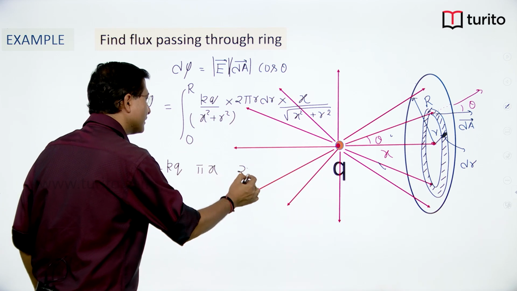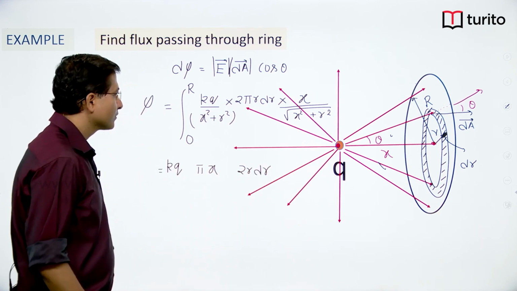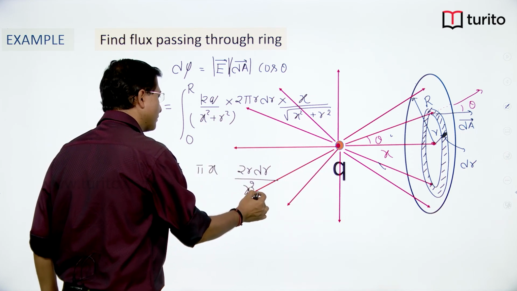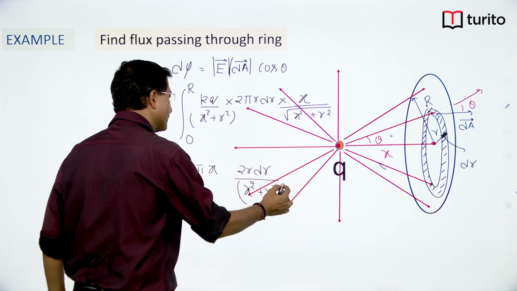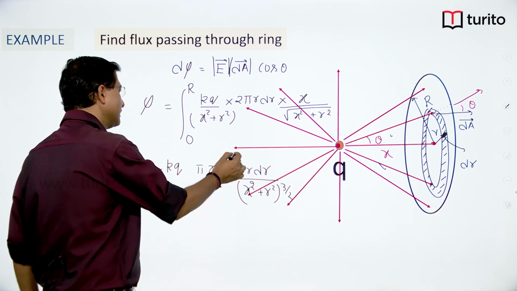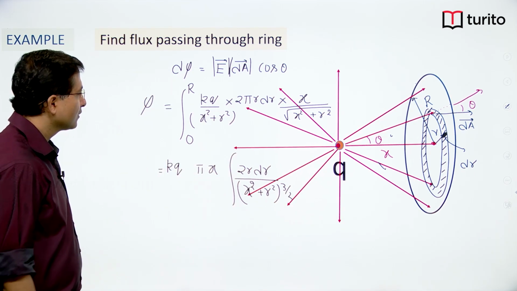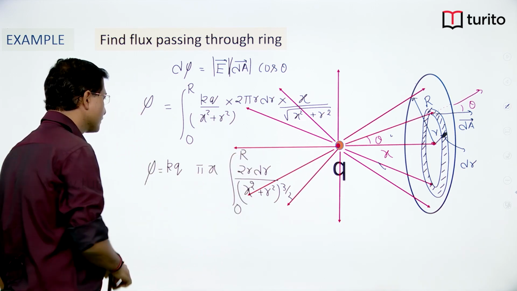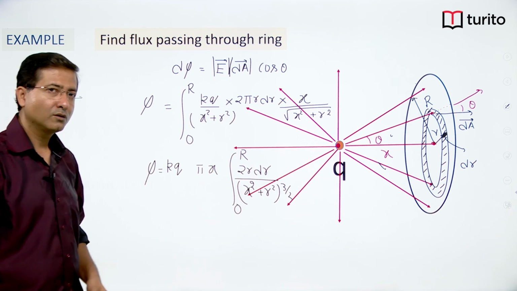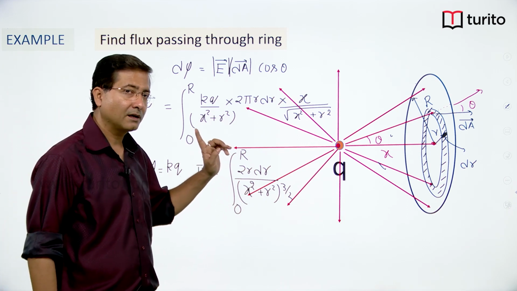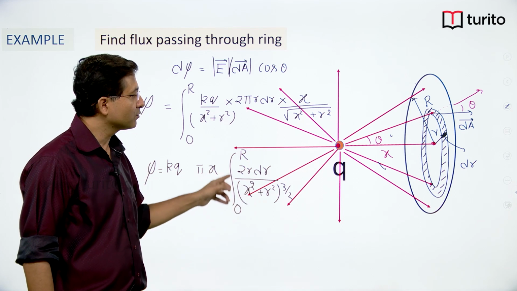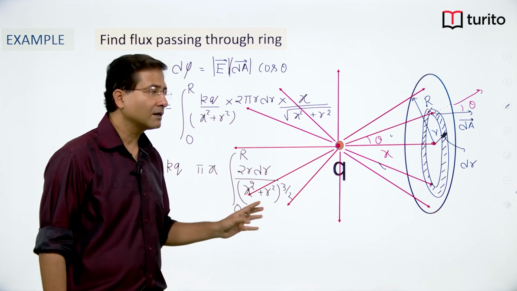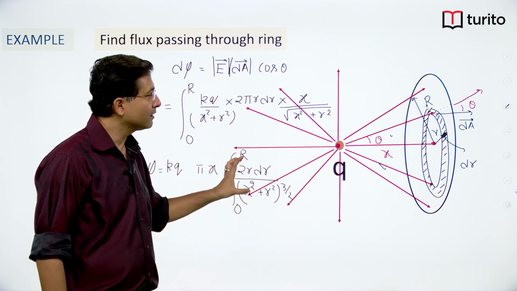So, this will become 2r dr, and divide by x square plus r square to the power 3 by 2, integration 0 to R. So, starting itself in electrostatics class 2, I told how to integrate such type of function, right. These are standard functions which frequently come, so you need to remember the integration.